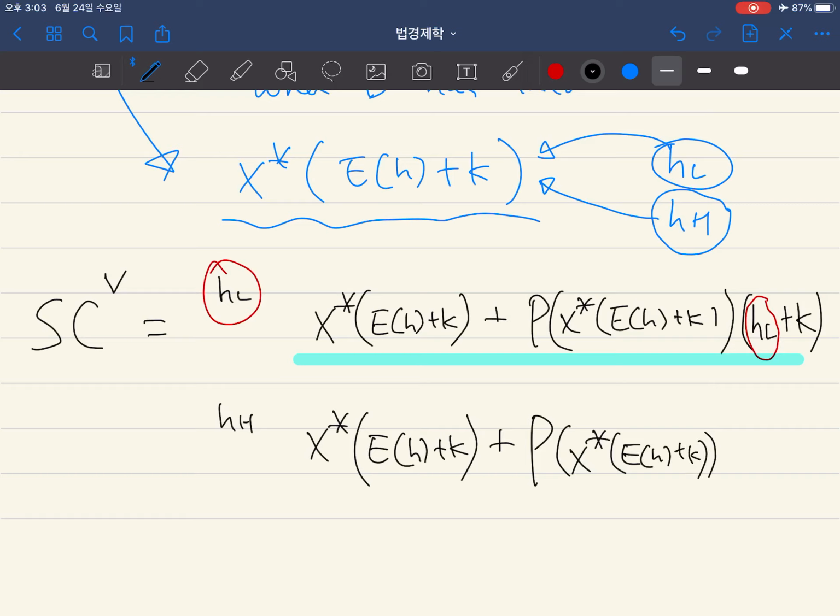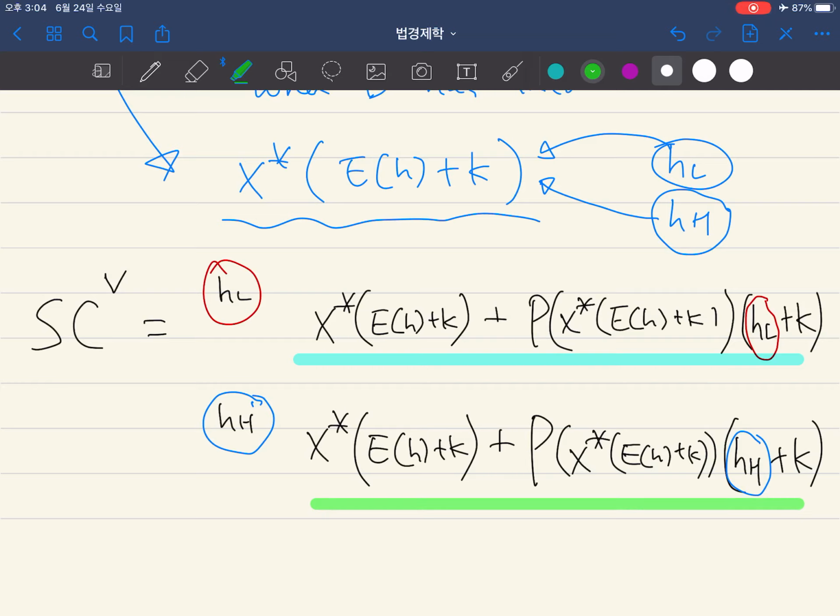And if there is an accident, there is a harm on plaintiff, so HH. So HH is actual harm. And plus verification cost is also captured as social cost. So this green expression is social cost when harm is big.